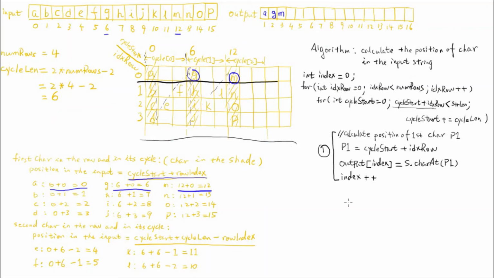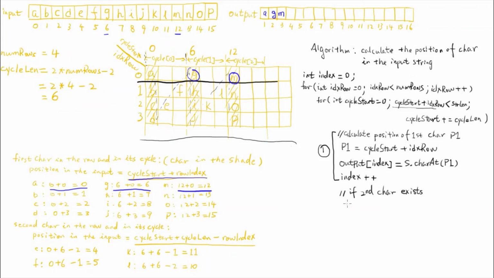Then we will check if in this cycle at this row there exists a second character. As we observed from this matrix, the top row and the bottom row have only one character, so only the rows in between can possibly have the second character.